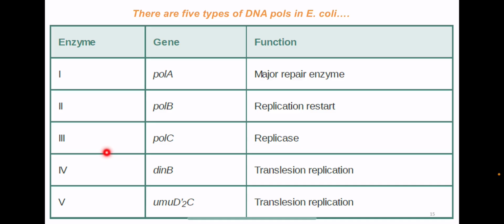Okay, so when there are some mistakes or mutations in the DNA, a normal polymerase cannot synthesize that particular strand. Okay, so polymerase 4 and polymerase 5 are recruited to help synthesize past those lesions. Okay, then the normal polymerase will come in to continue the replication.